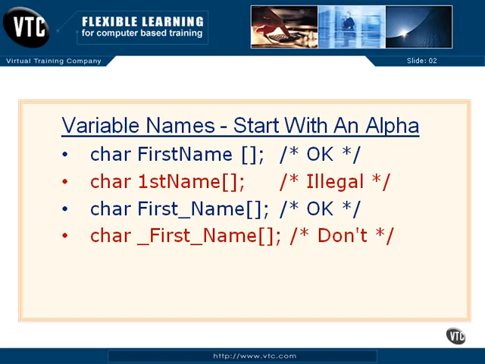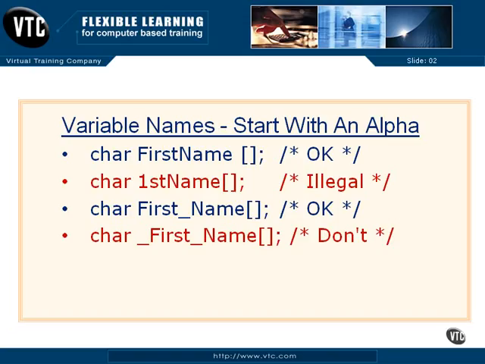You do not want to use two underscores at the beginning of a variable. The C++ language defines that, so when you go over to C++, you don't want to be in the habit of having two underscores in the front.